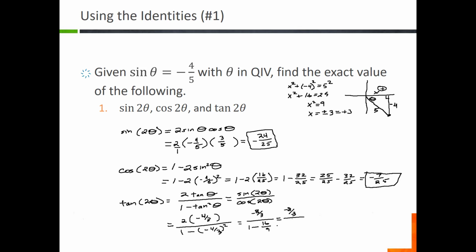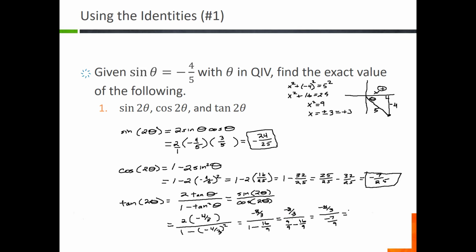In the denominator, we need to find a common denominator, so 1 is 9/9 minus 16/9. And that's equal to, again, a negative 8/3 in the numerator. 9 minus 16 would be a negative 7, so we have a negative 7/9 in the denominator.